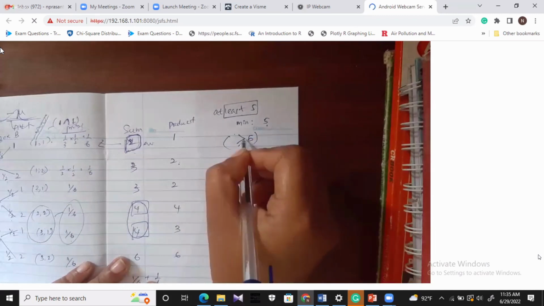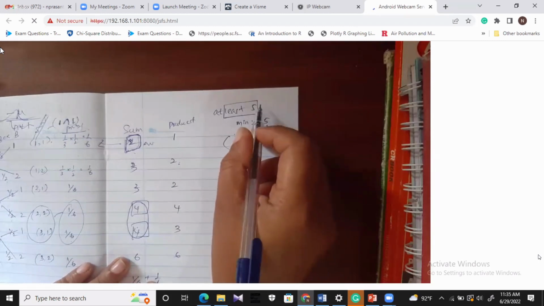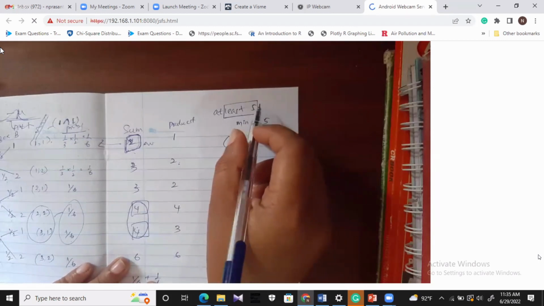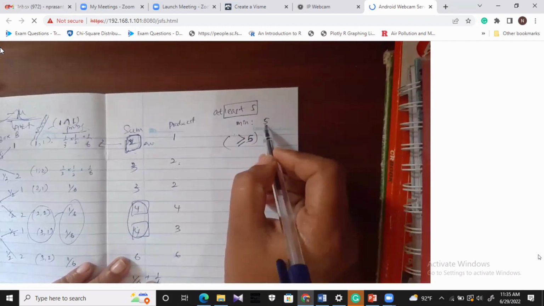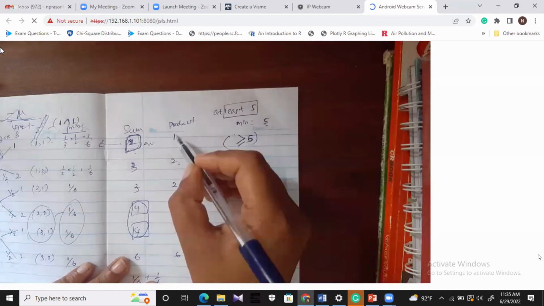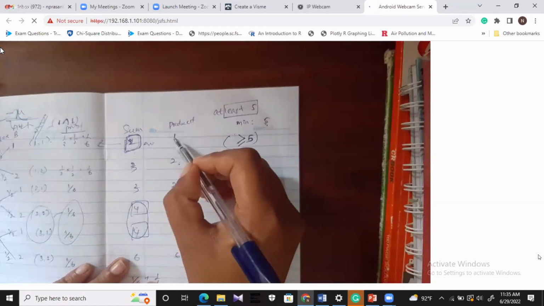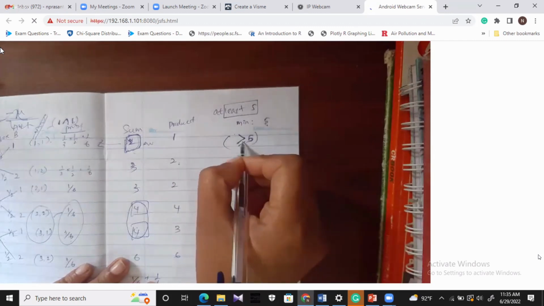At least 5. The least number or the minimum number must be 5. That means the probability that the product of those two numbers must be greater than or equal to 5.